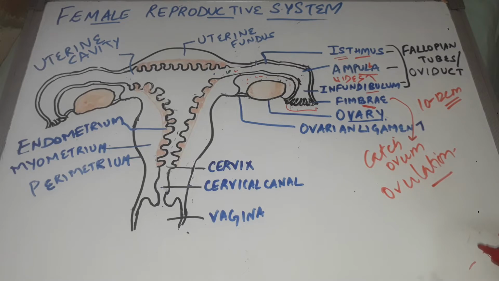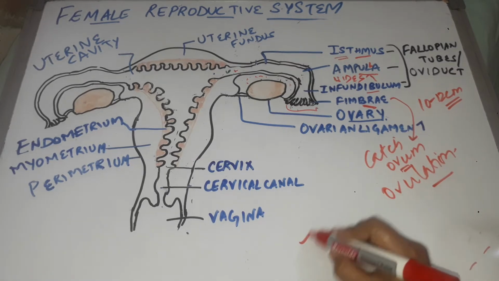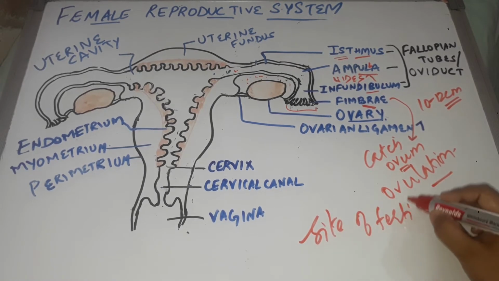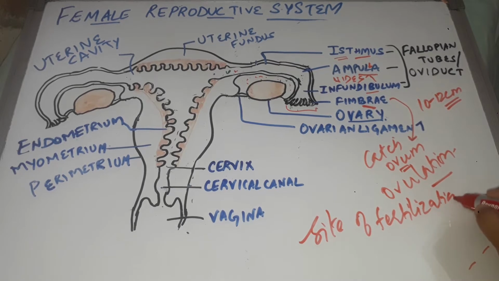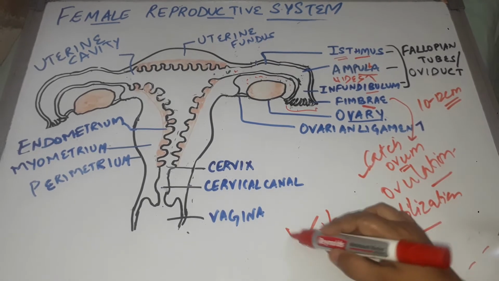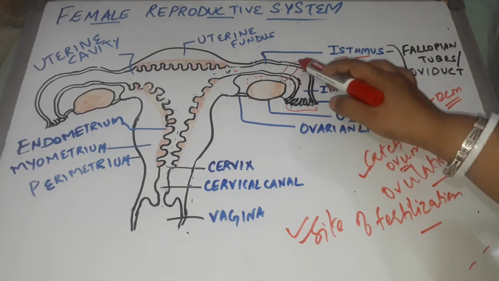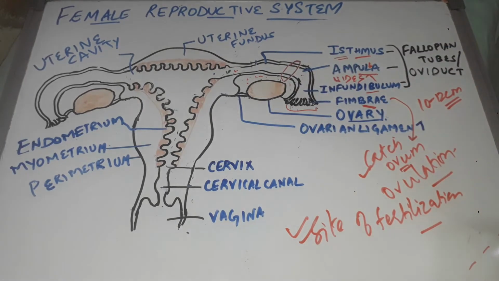The fallopian tube serves to catch the ovum after ovulation, and it is also referred to as the site of fertilization. The upper part of the ampulla region is believed to be the site of fertilization. That is where the ovum will fuse with the sperm, right?